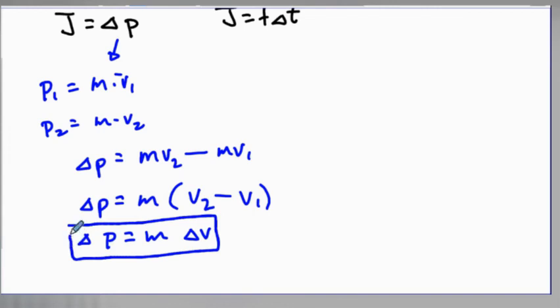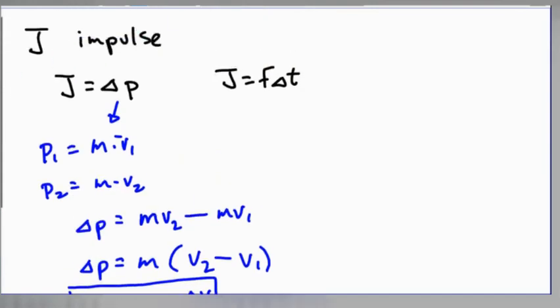Our change in momentum is the mass times the change in velocity. So let's add that up to our other equations here that we've got. So our impulse is the mass times the change in velocity.